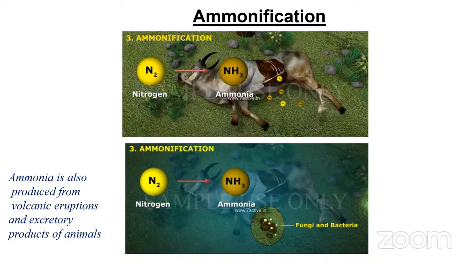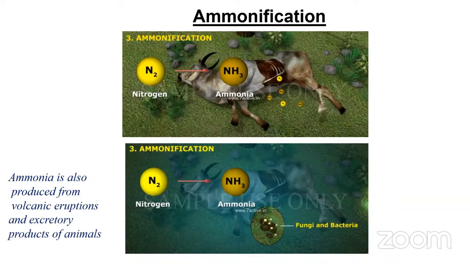So when animals die, their organic nitrogen content is acted upon by microorganisms called fungi and bacteria, and they decompose the organic nitrogen, as a result of which ammonia is formed. This can be easily seen in the environment.